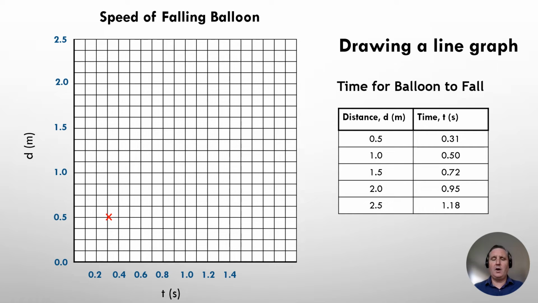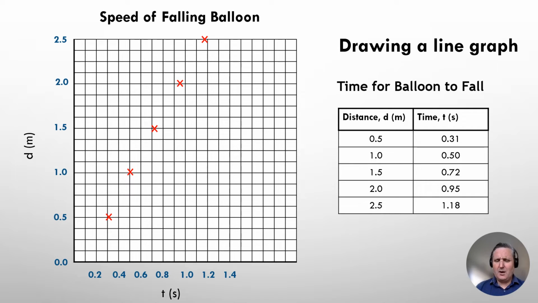So 0.5, 1, and then I've got 0.72 and 1.5, and 0.95 and 2, and then the last one is 0.118. So I know that this line here is 0.11 and this line is 0.12.